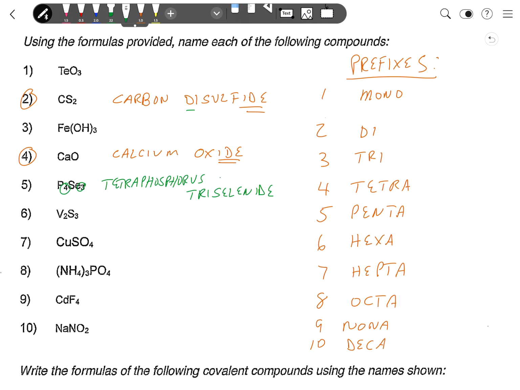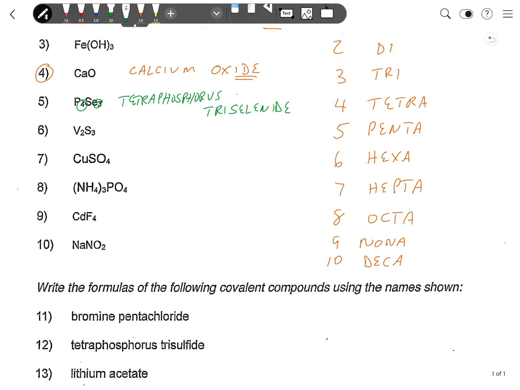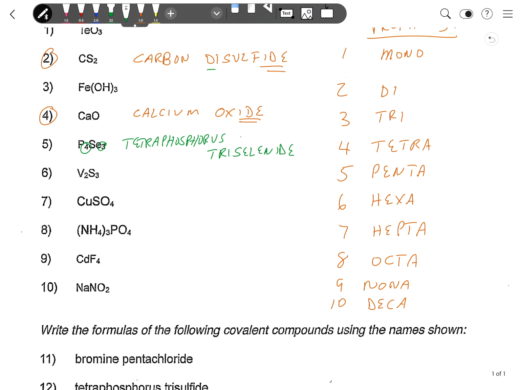If we look at an ionic compound here, let's look at number 3. That's a good one. Okay, so we have iron and we have hydroxide along with that. Iron happens to be in the transition metals part of the periodic table. And so we know we're going to write iron as the first name.